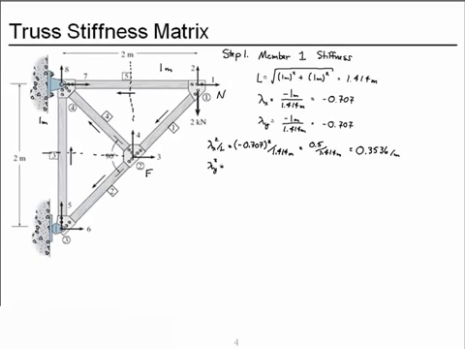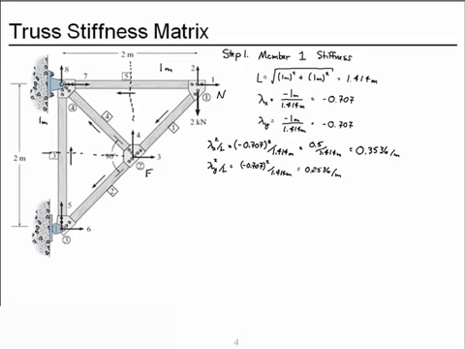Lambda y squared over L. We have a negative 0.707 squared divided by 1.414, which we just calculated, that's 0.3536 per meter. The interesting units are because each of these terms would be multiplied by AE. And AE together give a unit of force.